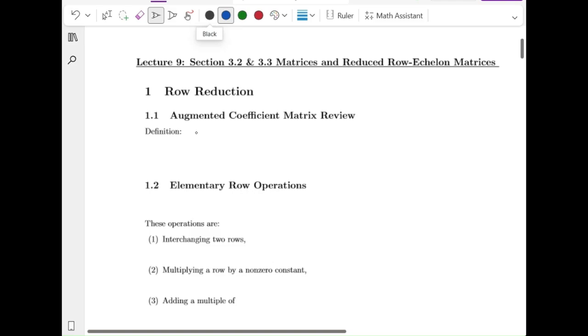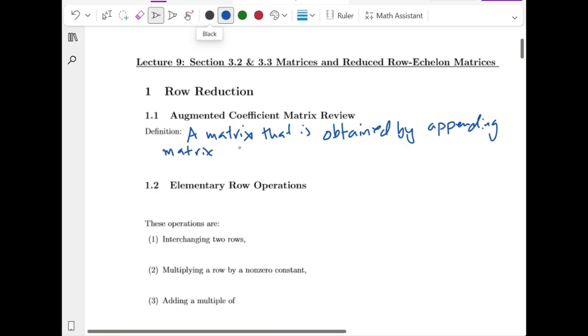Reduction. Let's remember what an augmented coefficient matrix is. It's basically a matrix that is obtained by appending a matrix of coefficients and a vector of constants.